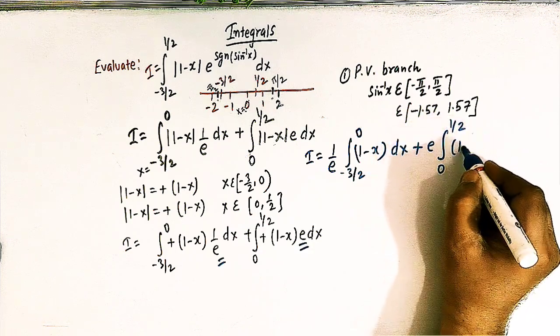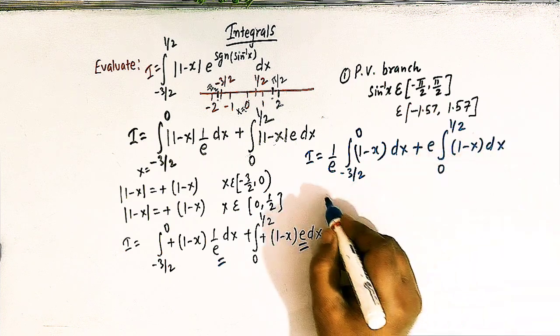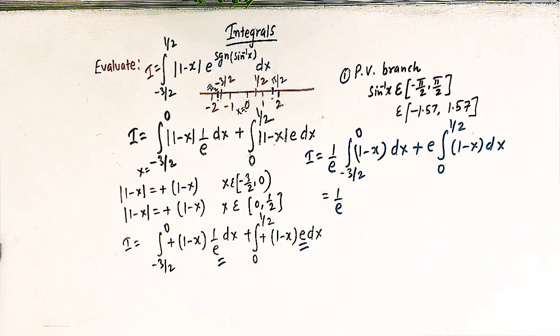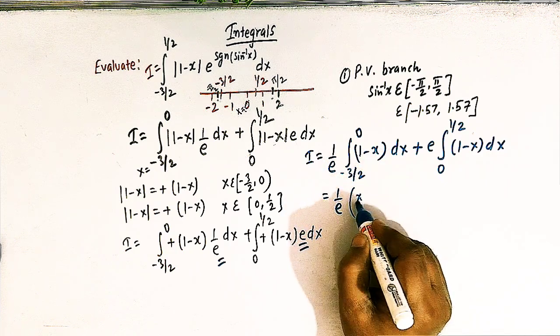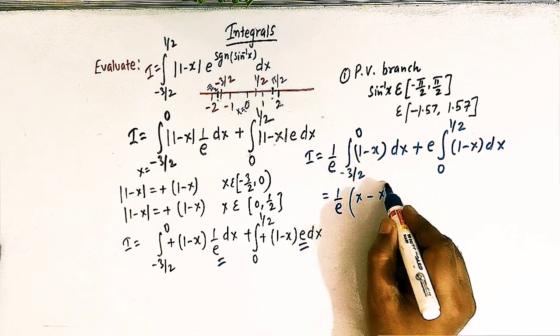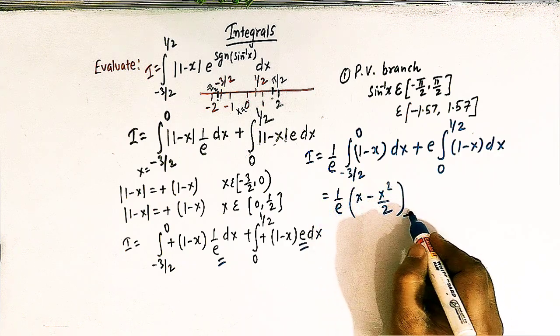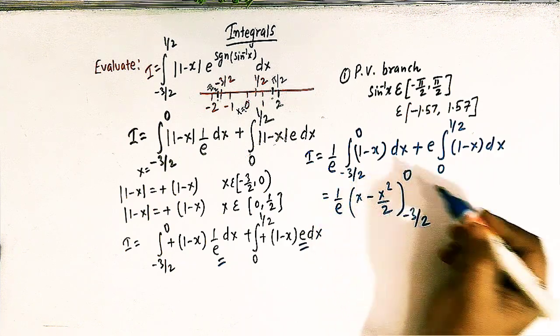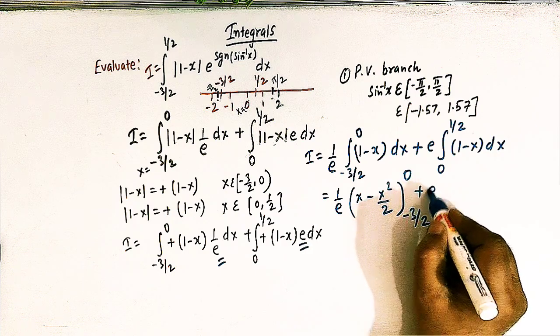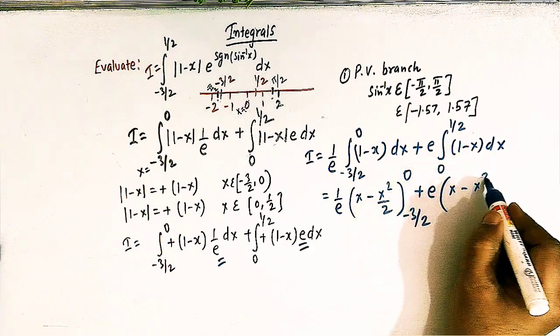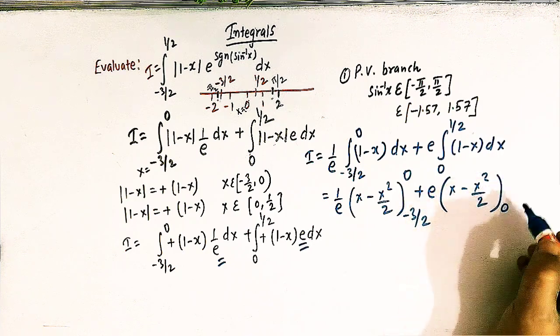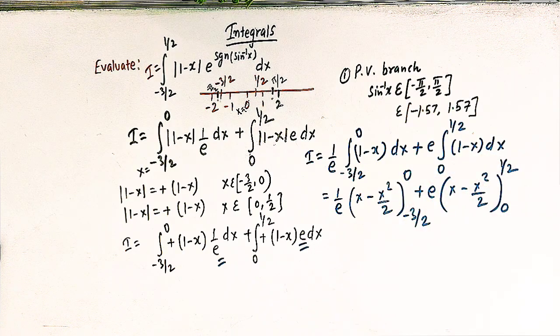Now the integral of 1 dx is simply x, and the integral of x is x square over 2, so we have x minus x square over 2 with the limits from minus 3 by 2 to 0 in the first case, and from 0 to half in the second.